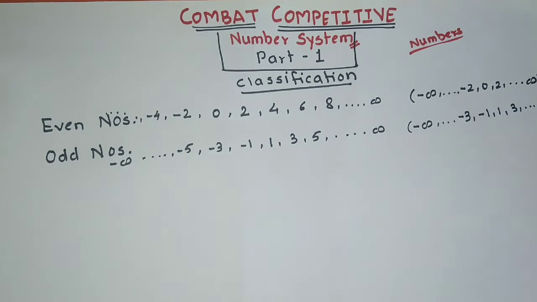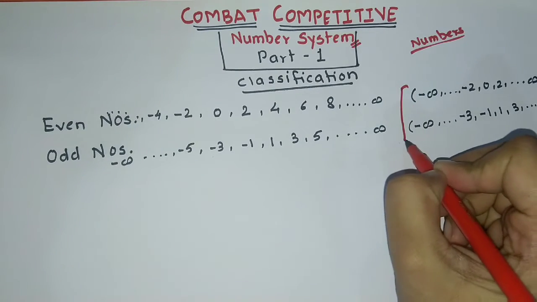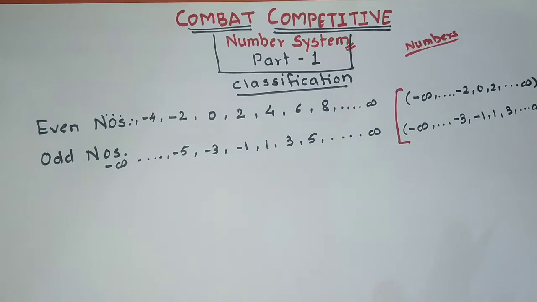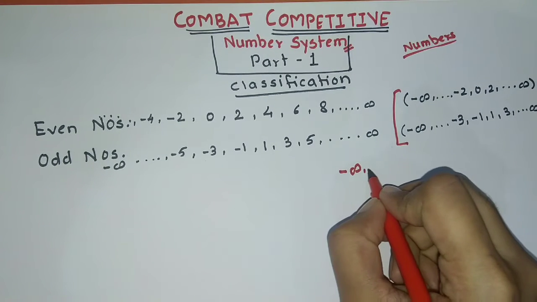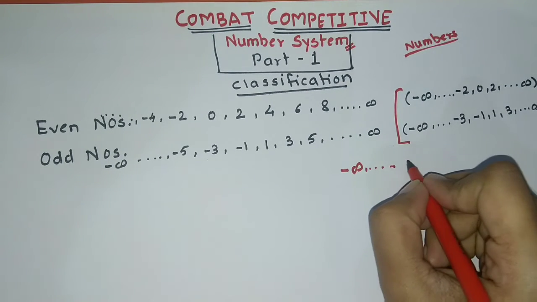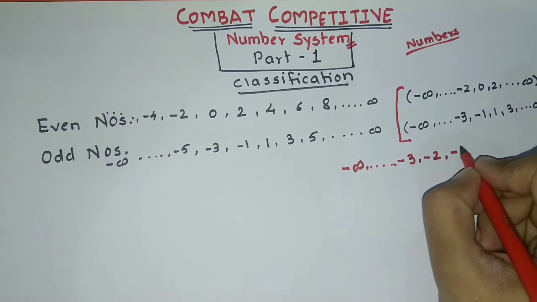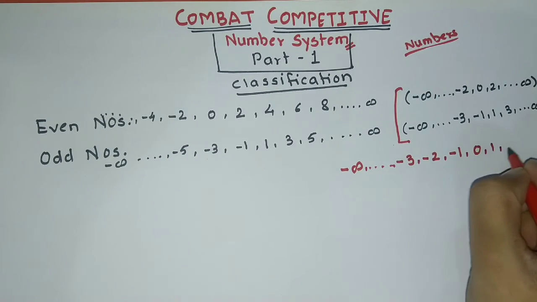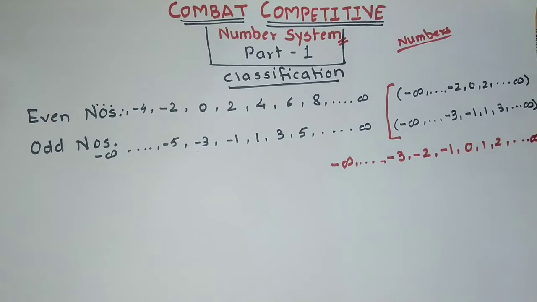Now, if I write these two groups together, from -infinity to -3, -2, -1, 0, 1, 2 up to infinity.